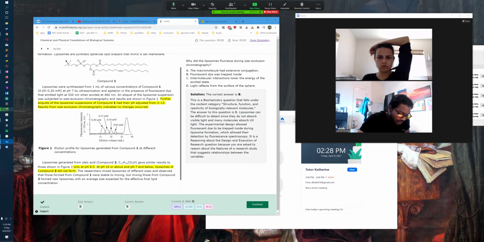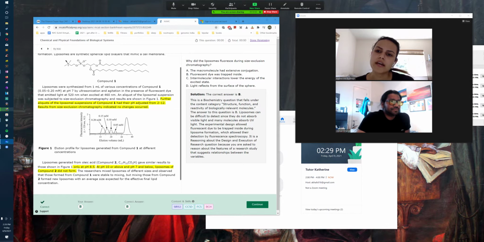Let's say the dye was outside. Then that doesn't tell us anything about how many liposomes are being made. So it would have to be trapped inside in order to tell us how many liposomes are made.